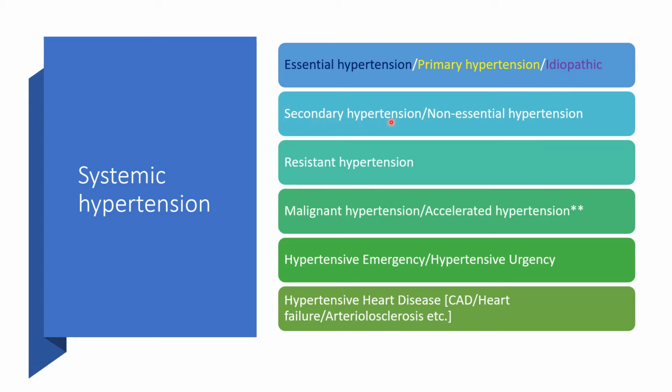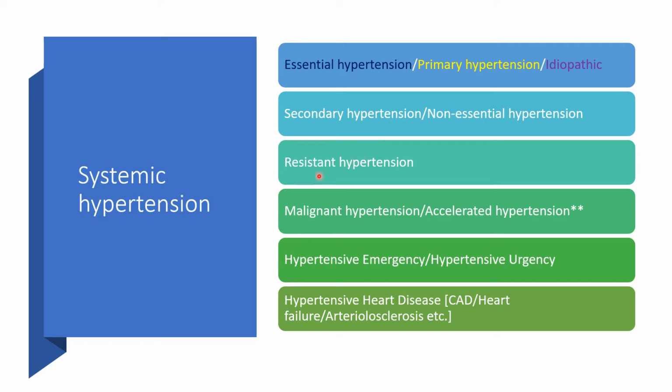But secondary hypertension or non-essential hypertension means there's hypertension right now due to a particular medical condition. We must trace the source here. Later on, we'll be dealing with possible complications of systemic hypertension, either from primary or secondary.